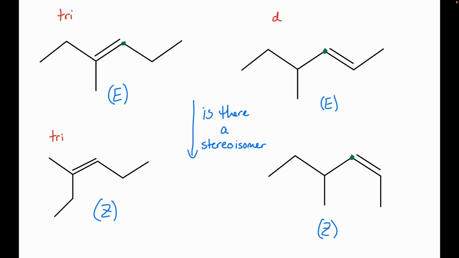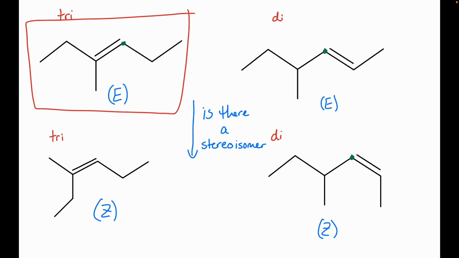And on the right-hand side, these are both di-substituted. So what's better, di or tri? Right? The higher the degree of substitution, the more stable the alkene. So I know that's going to be one of these two here. All right, so then which one of these two is going to be my major product, the E or the Z stereoisomer? Do I want these two ethyl groups on opposite sides or on the same side of that double bond? Opposite. So this will be my major product, and then I'll get a mixture of the other 3 as my minor products.